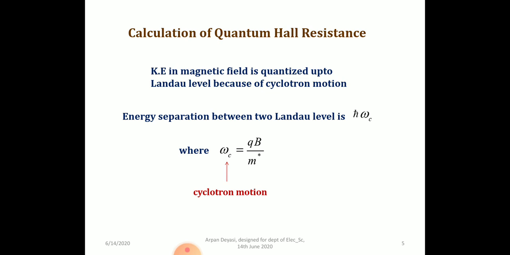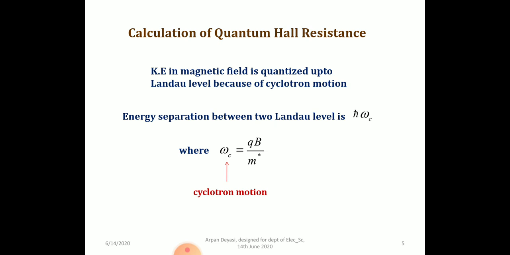The energy separation between two Landau levels, which we calculated in our earlier magnetism classes, is h cross omega c. And you know omega c is the cyclotron frequency. It will be qB by m star. M star is the effective mass of the electron of the material, which exists up to the Landau level. So for that it is m star.